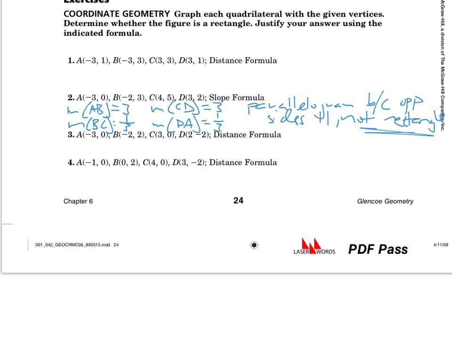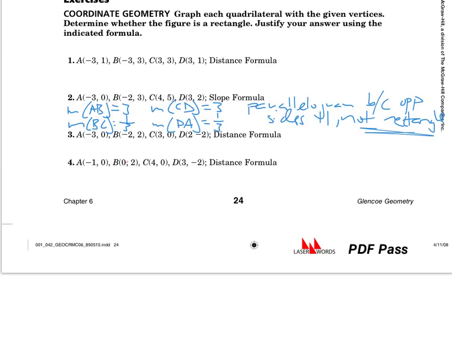Now, if you want to do the distance formula, the hard part is you actually have to find 6 distance formulas. First, you need to find all the distances of the opposite sides, just like we did in the last one, to show that it is a parallelogram. I'm going to skip that part because I just did it in the last video. If you know how to do distance formula, that shouldn't be a problem.